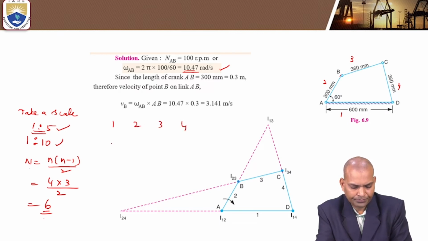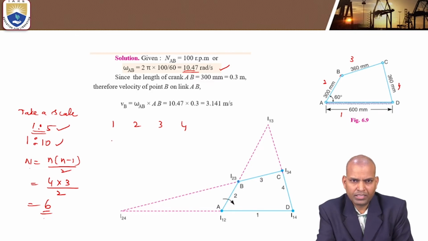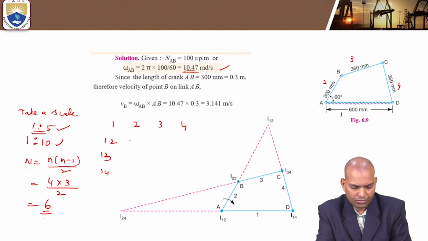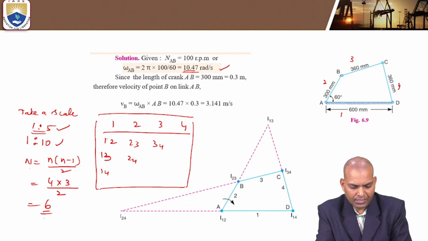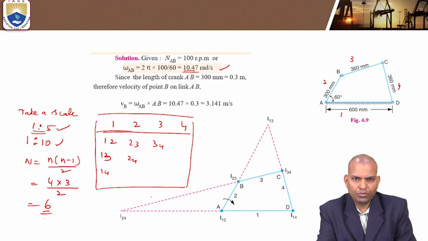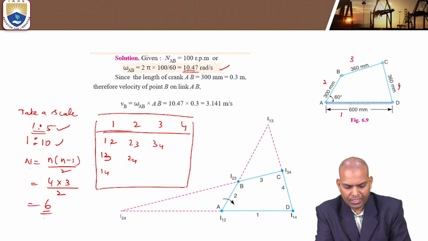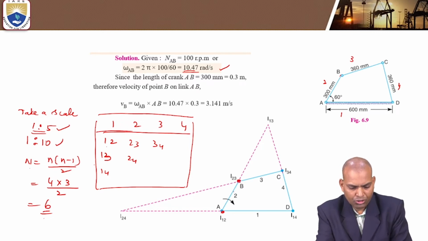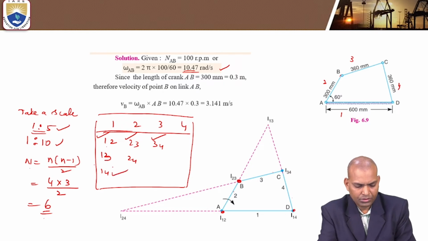With the help of number of links and I centers diagram, they are 1 2, 1 3, 1 4, 2 3, 2 4 and 3 4. After calculating the I centers, we have to locate them. How to locate? 1 2, link 1 and 2; 2 3; 3 4; and 1 4.